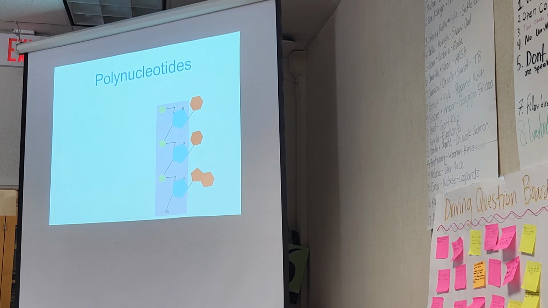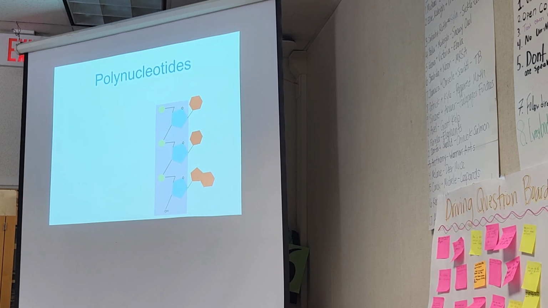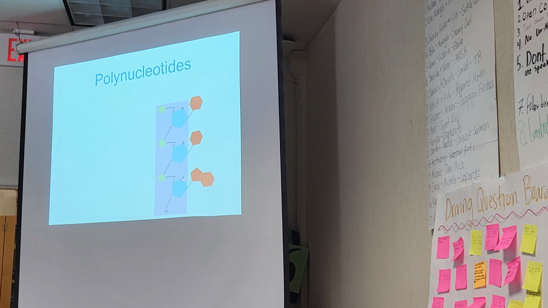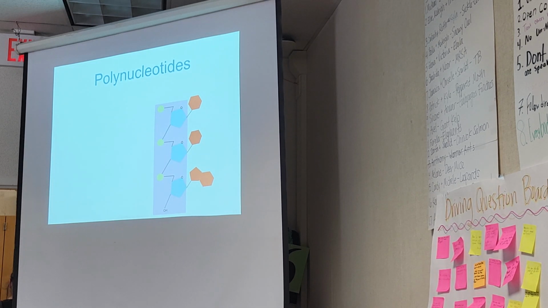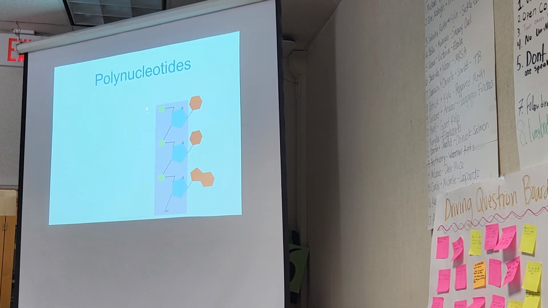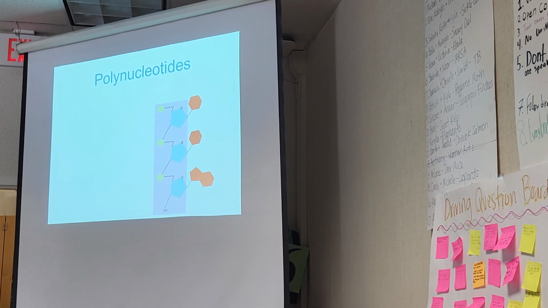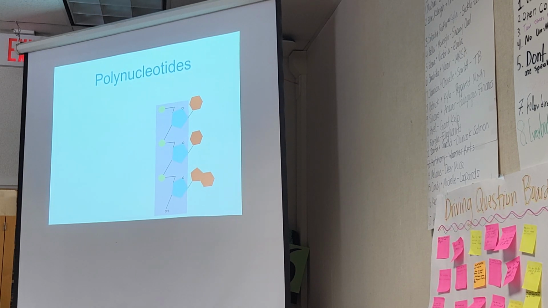Polynucleotides. Poly meaning many, nucleotides, right? And here we have, what is this here? A pentagon. It is not oxygen. What are these blue ones? They're pentagons, but they are what? It's either the ribose or the deoxyribose, right?